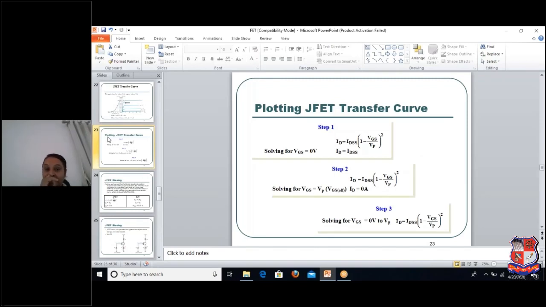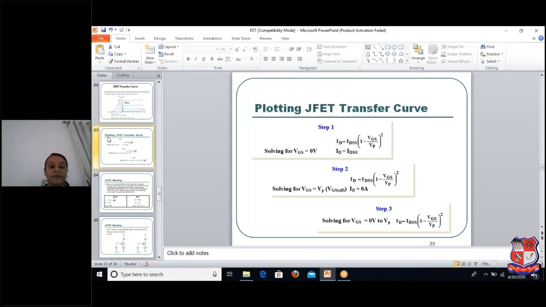These are for plotting the JFET transfer curve. They are not important, but I will discuss them with you. For solving, we derive three conditions. First condition, VGS equal to 0. When VGS equals 0, your ID current becomes IDSS, because whenever you put the value of VGS as 0, your equation becomes ID equal to IDSS.